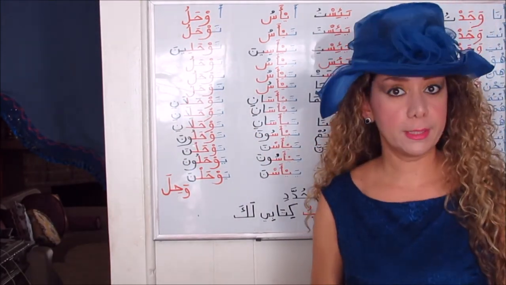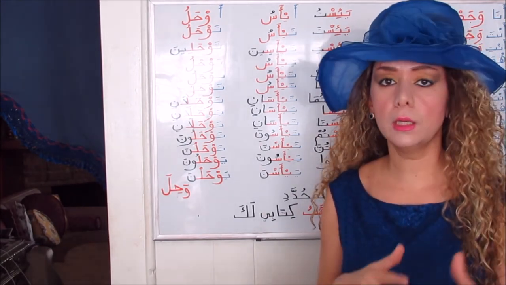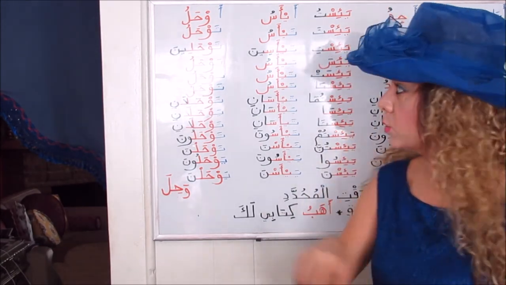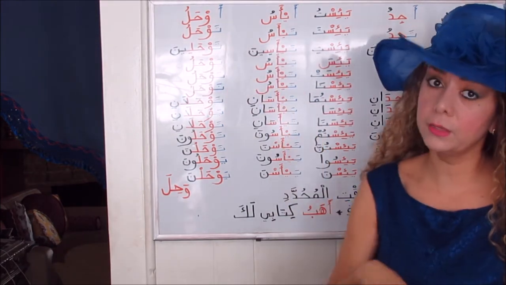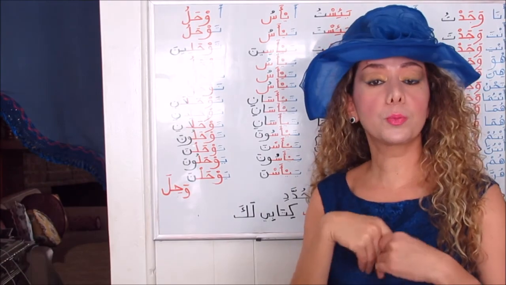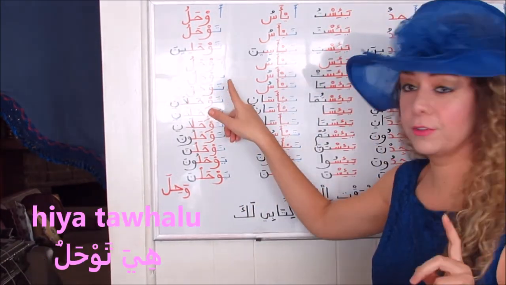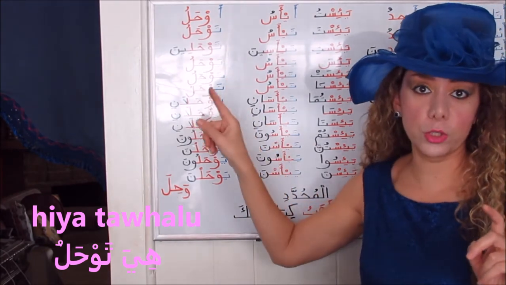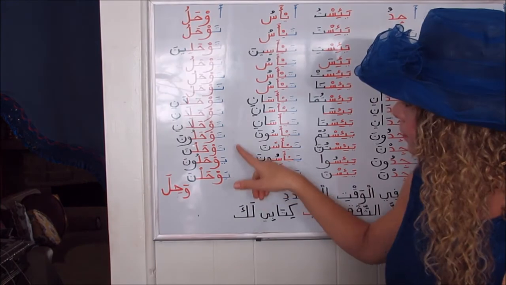And for the prefixes, when you address second person, singular or plural, mostly it will be a ta. Unless we are referring to third person feminine hiya. So we have to use a ta also, even if it's third person, because mostly third person would use a ya.